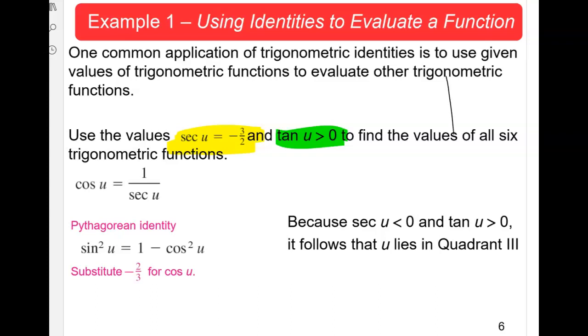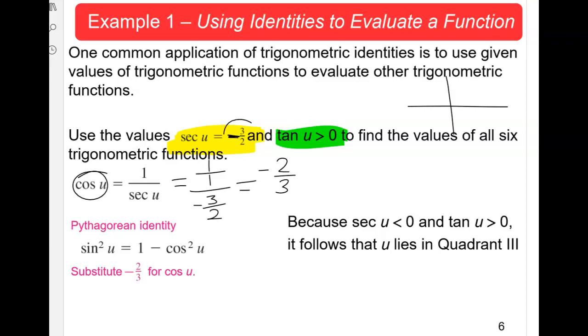So we're saying secant is negative, and secant is the reciprocal of cosine. So to find the value of cosine, you could either do 1 divided by negative 3 halves, and this will turn into negative 2 over 3.